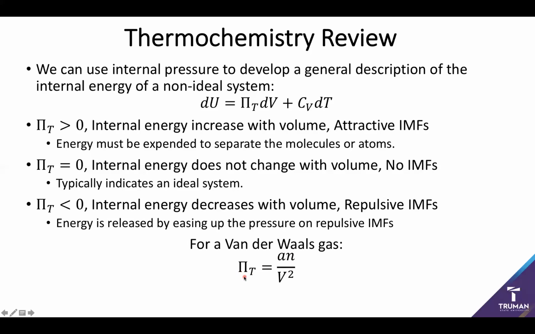Also, one of the things I want to make note of is the reason why the term internal pressure was originally used. And this largely comes from the fact that internal pressure actually does have pressure units. But I also like thinking about the strength of my IMFs, whether they're attractive or repulsive, acting as a pressure or force on each other.